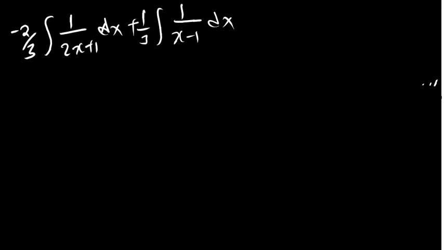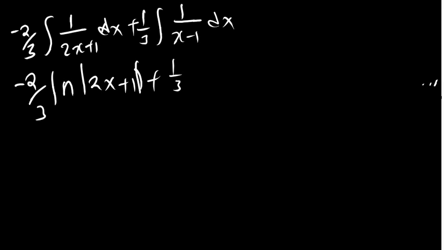Now from there, what do we do? We know that this part is going to give us ln of what is down there, and the same applies to that one. So we're going to have negative 2 over 3 ln, in modulus, of 2x plus 1, plus 1 over 3 ln of x minus 1.